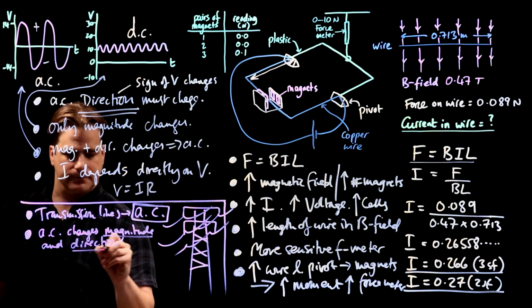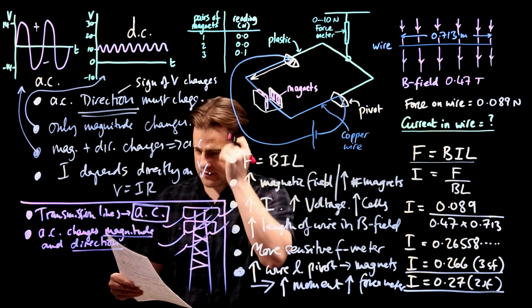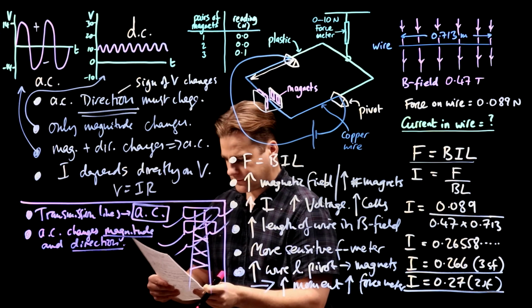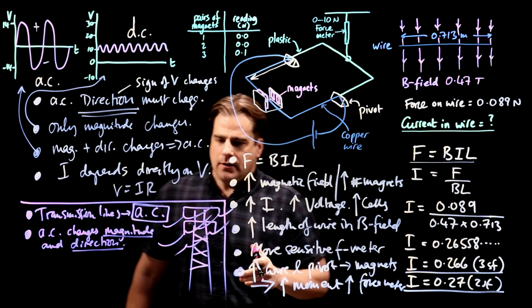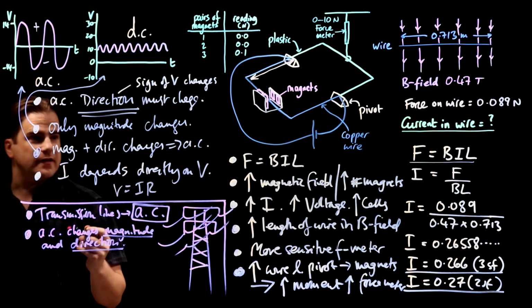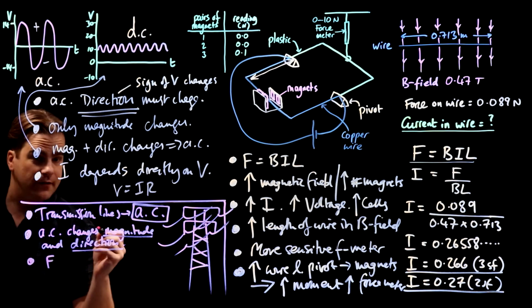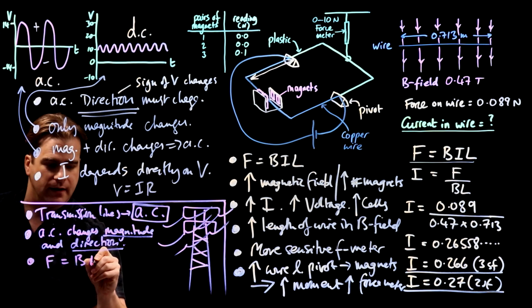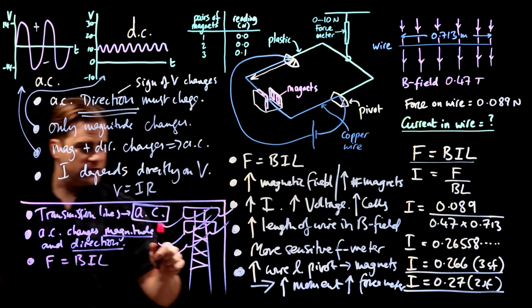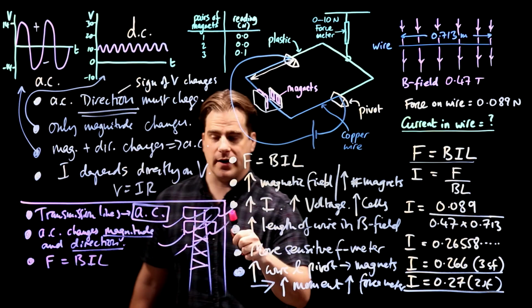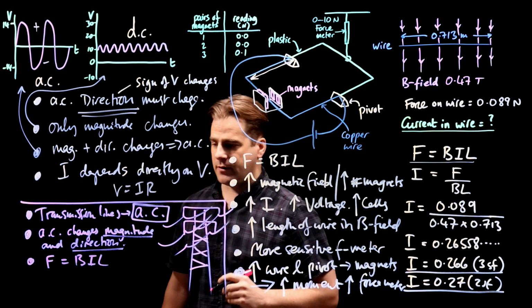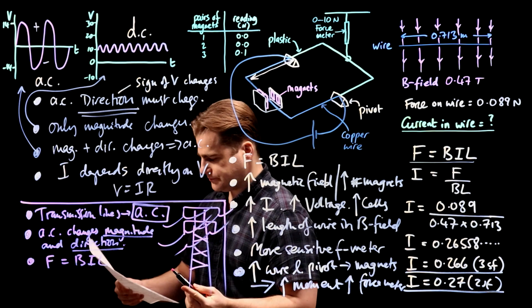Okay? Next. Same stuff again, isn't it? Write down the equation F equals BIL. The force experienced by the transmission wires goes according to the equation BIL.